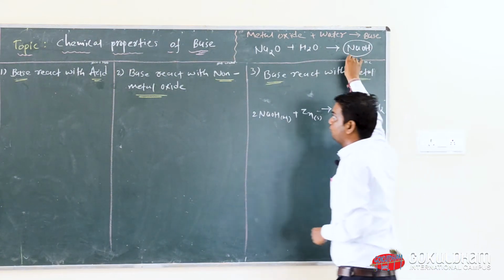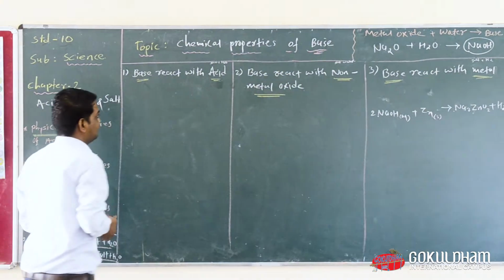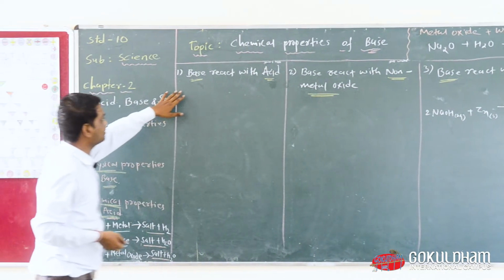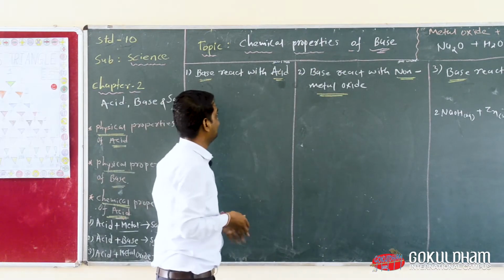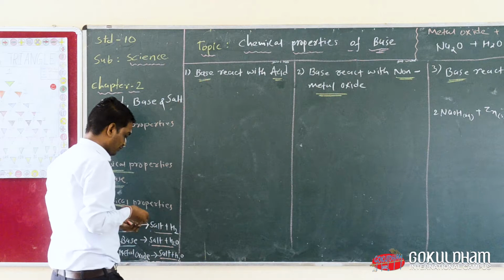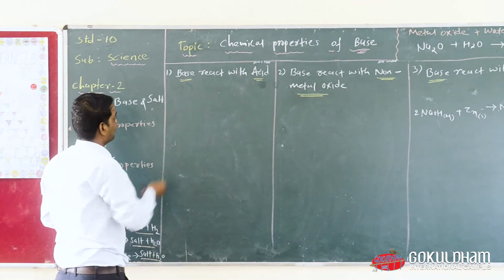Now we are going to see the chemical properties of base. Our first chemical property of base is that base reacts with acid. First of all we need to write the general formula for this property.